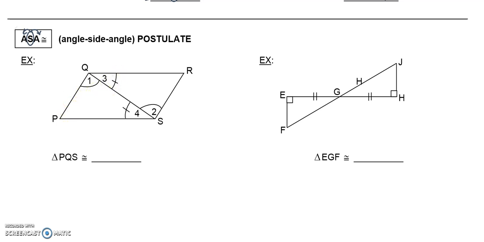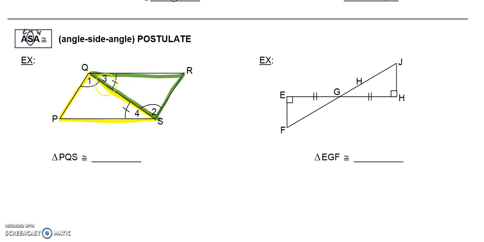So we're looking at PQS. I'm going to highlight just to show you how great highlighting is. PQS, and then we're comparing this other triangle. When I'm looking at this figure, I know I have two pairs of congruent angles, two from the yellow congruent to two from the green.